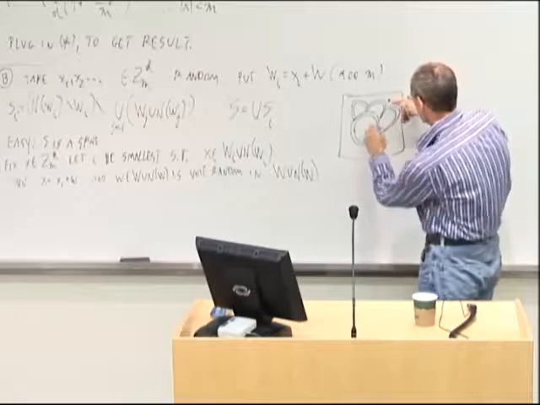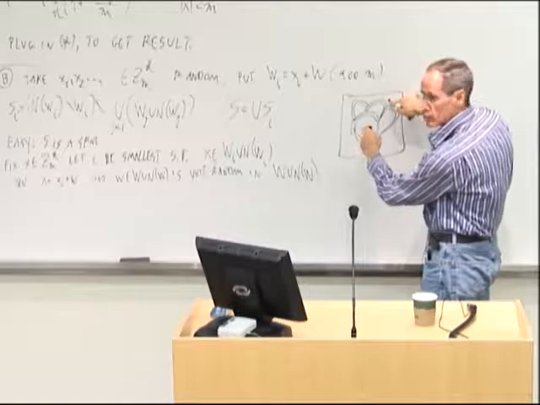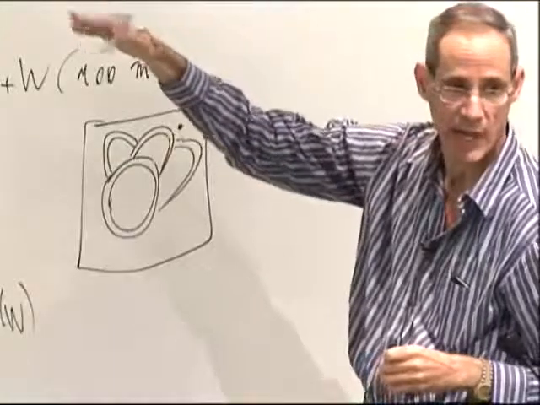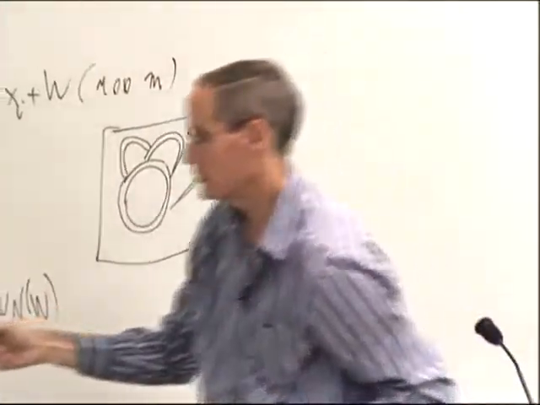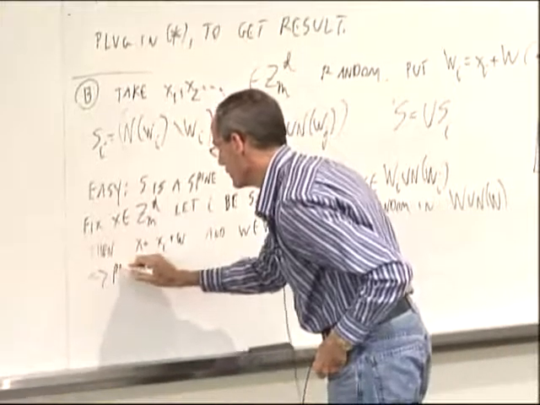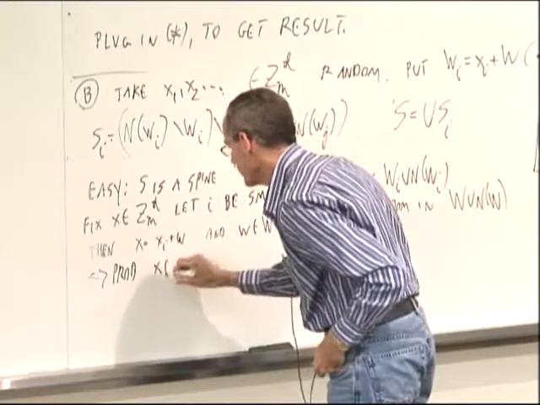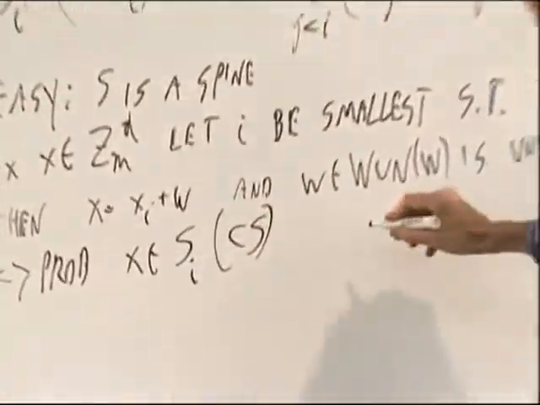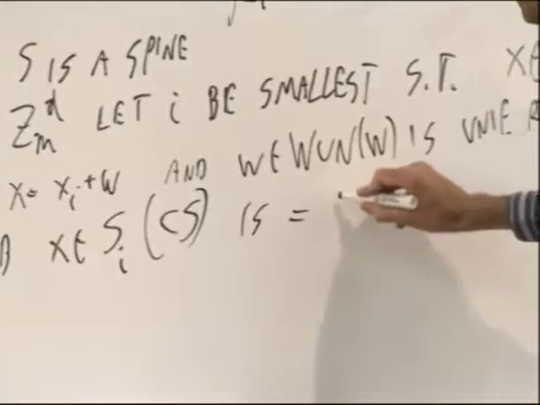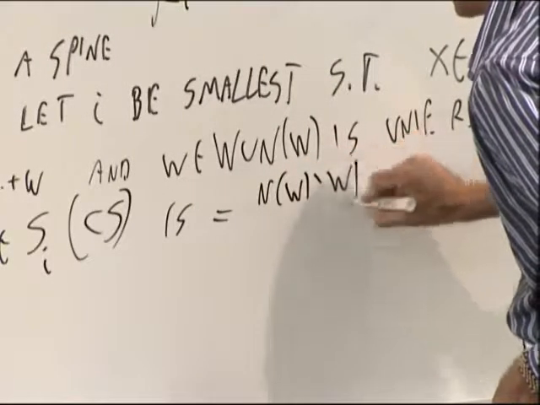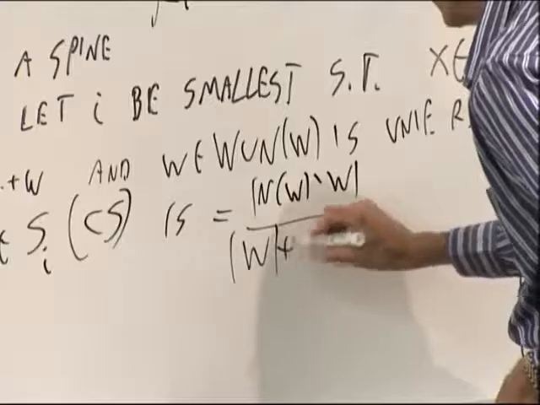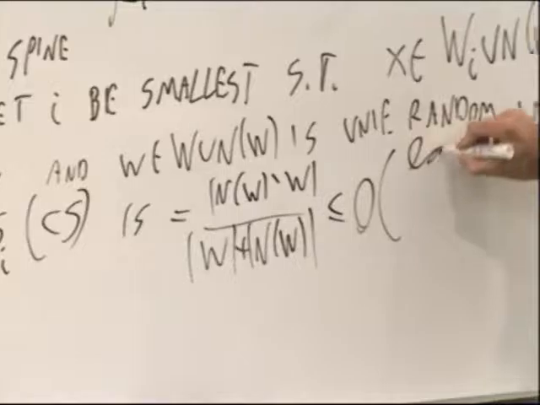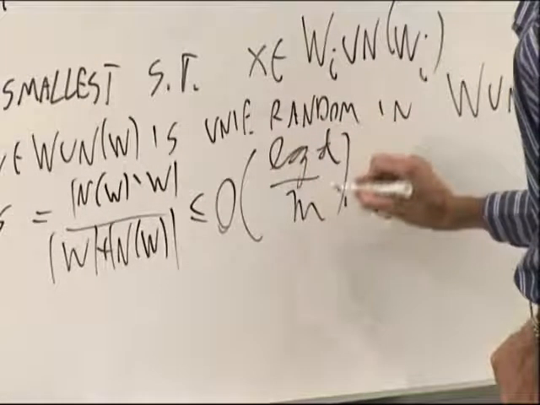And because of this, the probability that this point will lie in the boundary once it is covered is exactly the ratio between the boundary and the whole. Right? So therefore, the probability that X belongs to Si, which will therefore be part of the spine S, is exactly NW minus W divided by W plus NW, which is at most this log D over M. Okay.